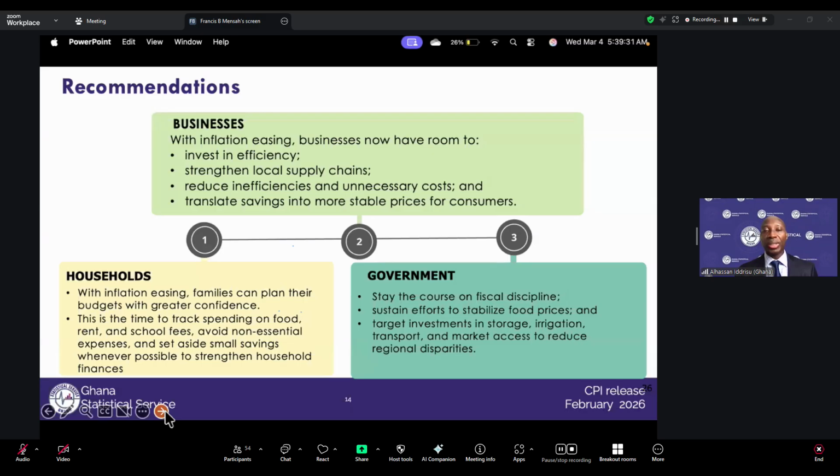This work is collective. At the Ghana Statistical Service, we remain firmly committed to producing timely, accurate, relevant, and credible statistics. Our mandate is clear: provide trusted data to support evidence-based decision-making in national development. We'll continue to strengthen our methods, improve accessibility, and uphold the highest standards of the statistical system. Thank you for your attention.